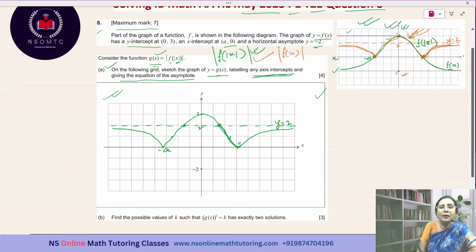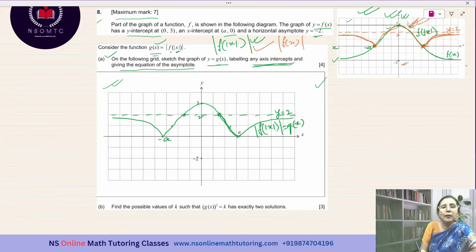So this will be the shape of the modulus of f of modulus of x function graph. And this is equal to g of x. And this is the y-intercept. If you want, you can write this. And I have written minus a, so it is obvious that the coordinates will be (minus a, 0), and this will be (a, 0).